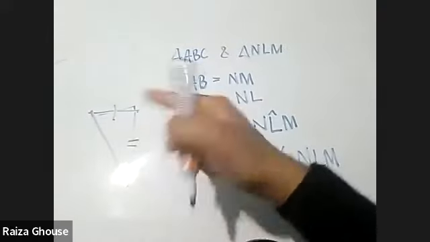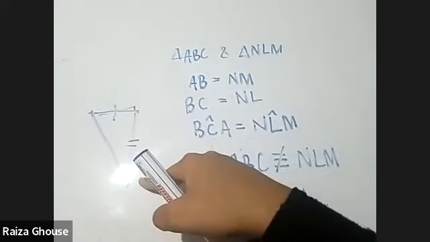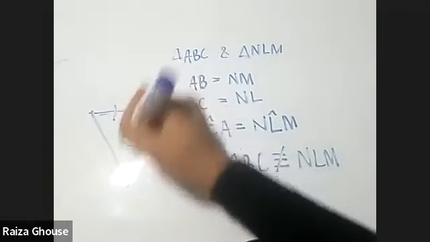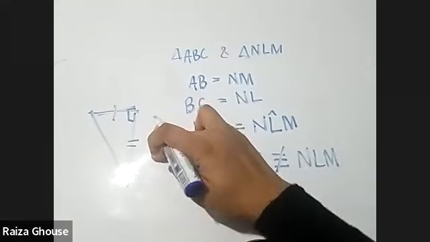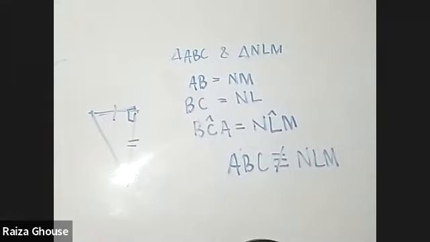Then if it is to be congruent, Sabiha, they should give this angle. But they have given this one. It is not the included angle for those two sides. Can you understand? It should be between those two provided sides. Okay.